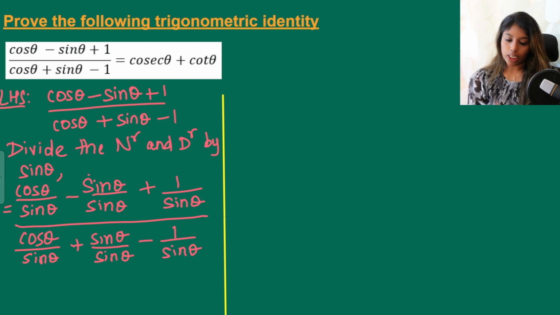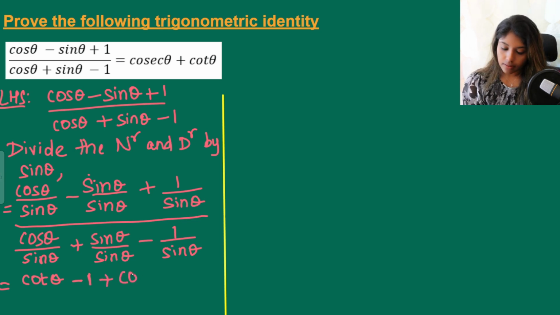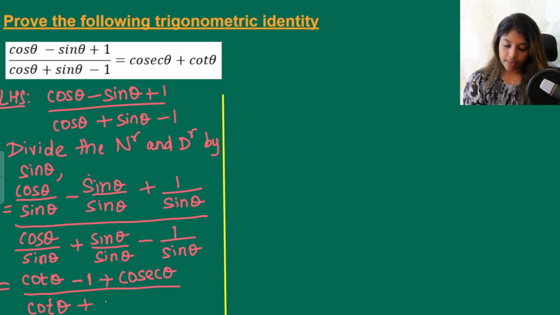Now let's write the equivalent ratio values. Cos divided by sin is cot theta, minus sine over sine is 1, plus 1 over sine is cosecant theta, divided by cos over sine is cot theta, plus sine over sine is 1, minus 1 over sine is again cosecant theta.